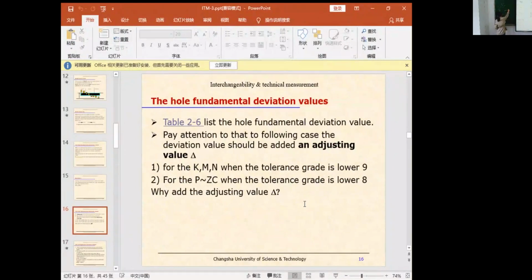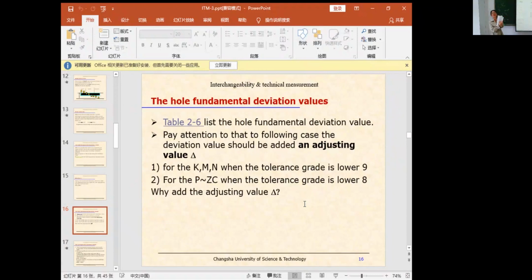So we should add delta. Delta is here, so what is the delta? We can find it from this column. Continue to add 6, it's 6, right?